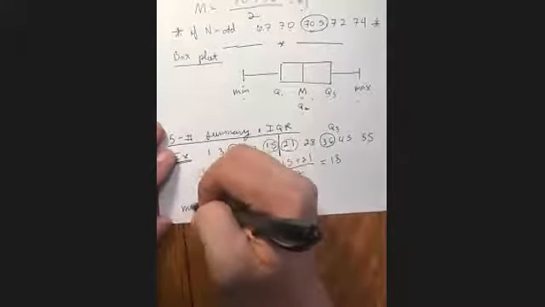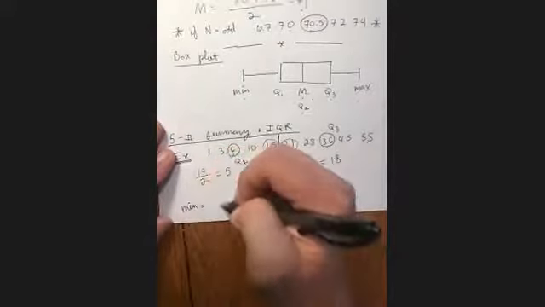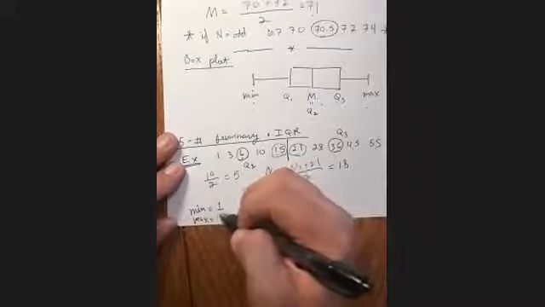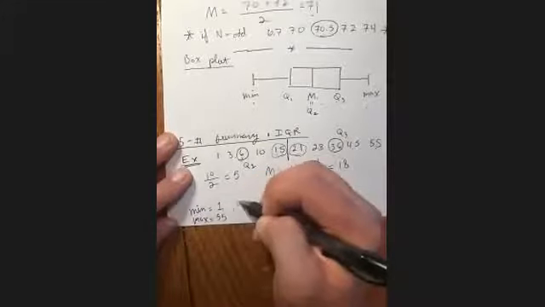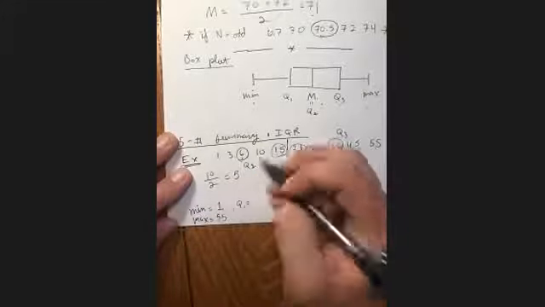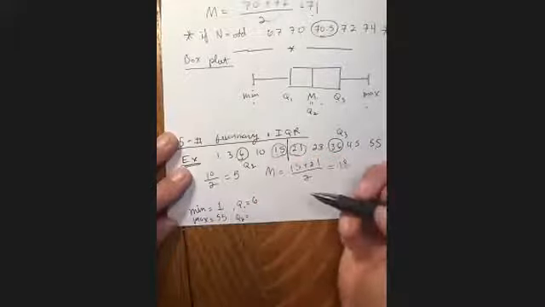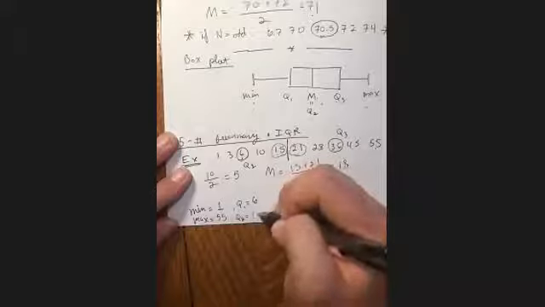So putting this all together, we can see from the data that the minimum value is 1. Right. The maximum value is 55. The first quartile is 6. The second quartile, which is the same as the median, we calculated to be 18.